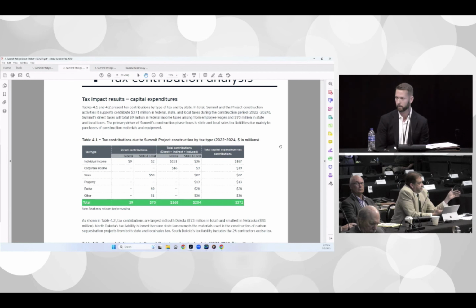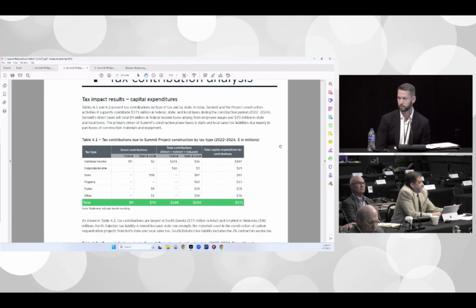How many taxes are you attributing to indirect contributions here? The vast majority, but to indirect and induced. Between the two, I would need to go back and check. I would imagine more of them are indirect than induced, but I would need to check.